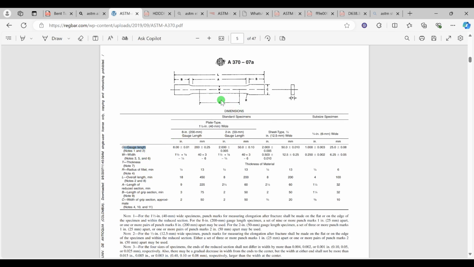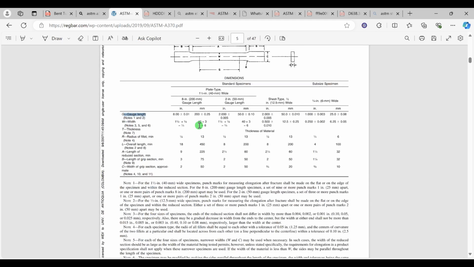Here G stands for the gauge length, W for width, and T for thickness. Based on your specimen, you can find the relevant dimensions for your dog bone, and then do the test.